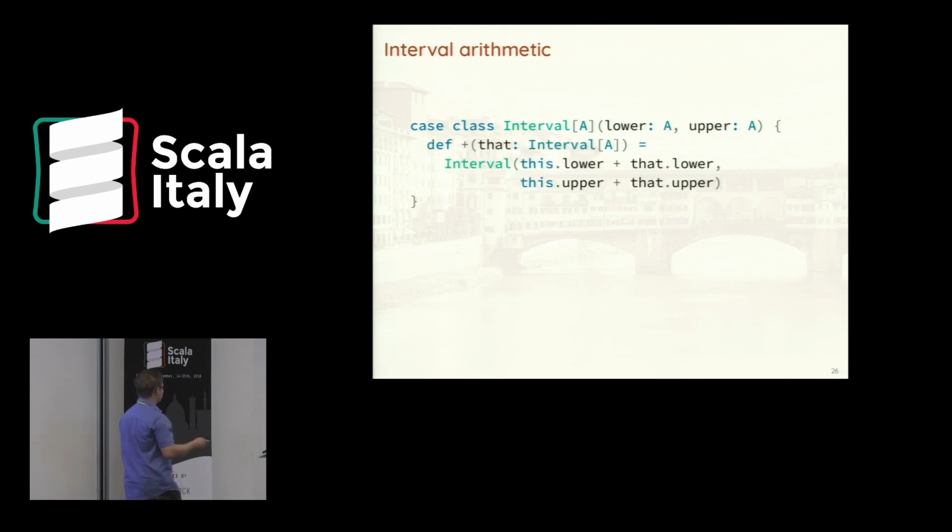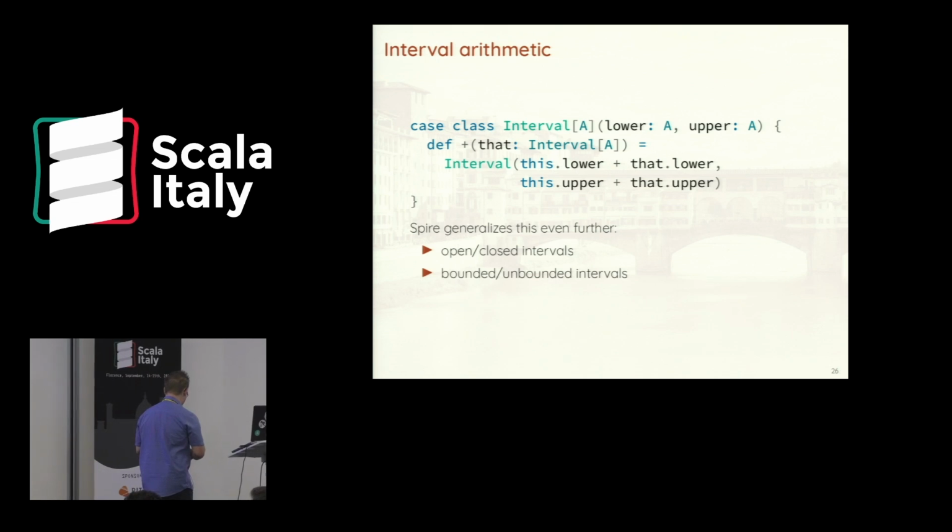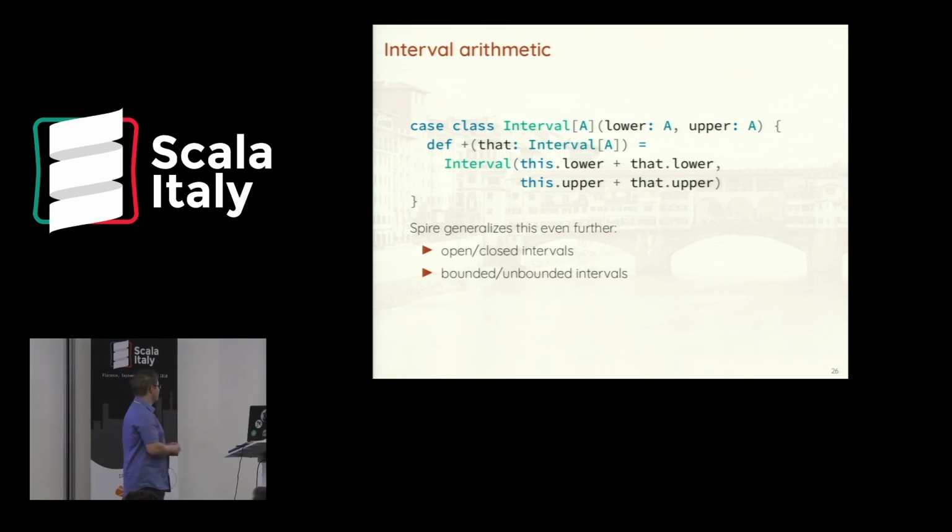And then you can just define an addition operation. So you can say, well, if I want to add 2 intervals together, then I just take the lower bounds and add them, and take the upper bounds and add them. Of course, in the actual Spire implementation, it's a bit more complicated because you may have open or closed intervals. For example, when you say in the range of 5 to 10, do you include 10 or not?